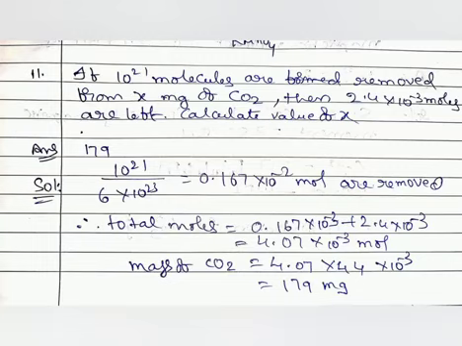Total moles will be 2.4 into 10^-3 plus 0.167 into 10^-3, where we are getting 4.07 into 10^-3. Then 1 mole CO2 is 44 grams, but in terms of milligrams, the final value is 179 milligrams.